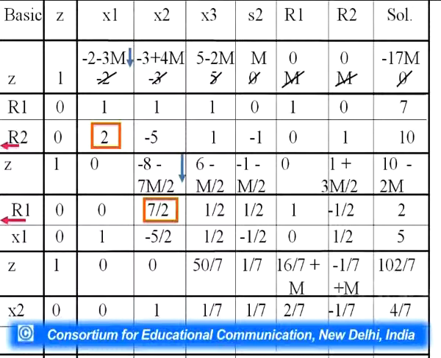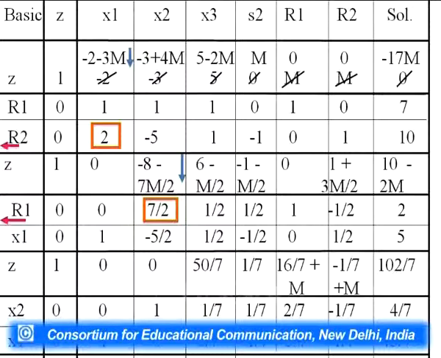X2 we have already written as 0, 0, 1, 1 by 7, 1 by 7, 2 by 7, and minus 1 by 7, finally 4 by 7 in the solution value. And x1 again is written here 0, 1, 0, 6 by 7, minus 1 by 7, 5 by 7, 1 by 7, and 45 by 7 in the solution column.